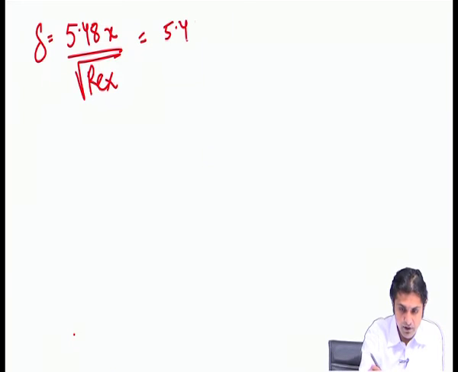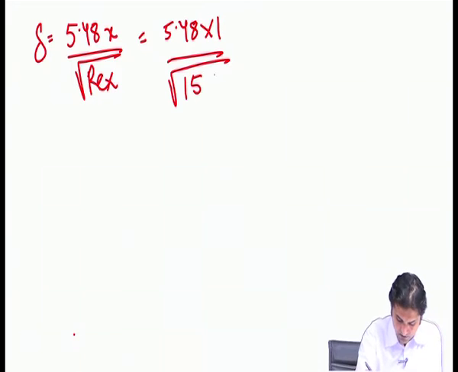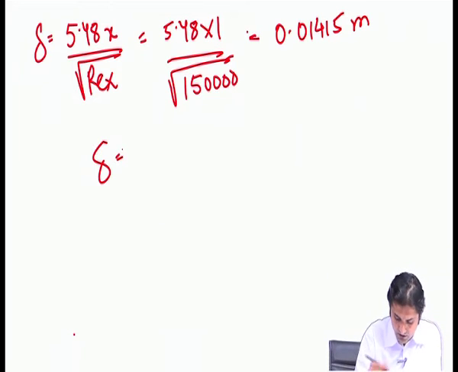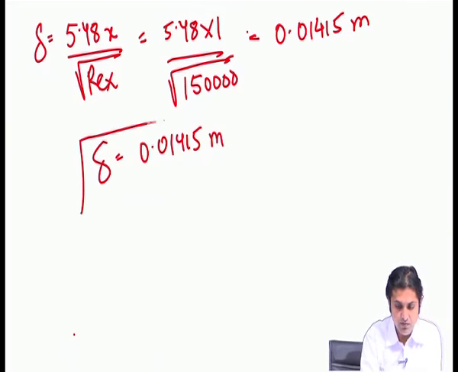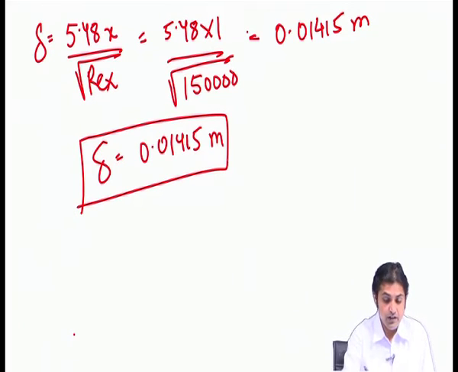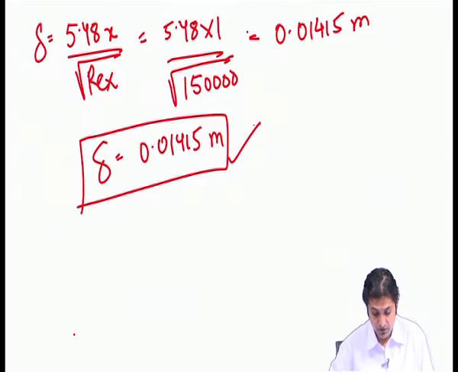So 5.48 into 1 divided by under root 1.5 and 5 zeros, and that comes out to be 0.01415 meters. So the real values, I mean the numerical values, come 0.01415 meters. So this is the boundary layer thickness. Here we have calculated the boundary layer thickness in terms of the numerical values. Good.